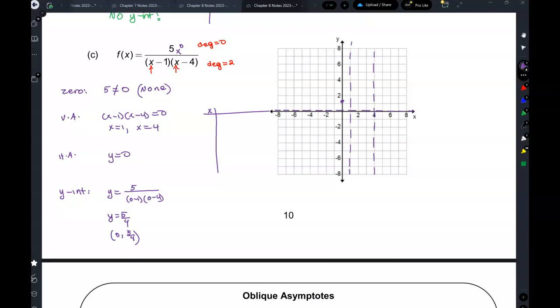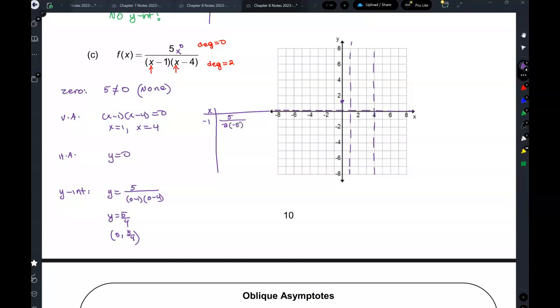Take a look. This already gave me an idea of how this looks. If I have a point to the left above the horizontal asymptote, I know this entire arm is going to be above the asymptote because it can never cross the x-axis. Let's plug in some points though. Why don't we plug in -1? 5 over -2 times -5.